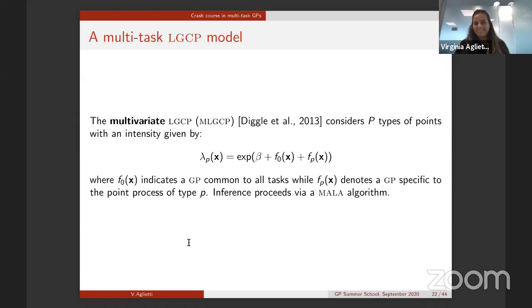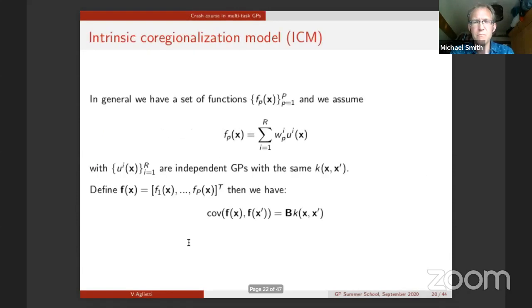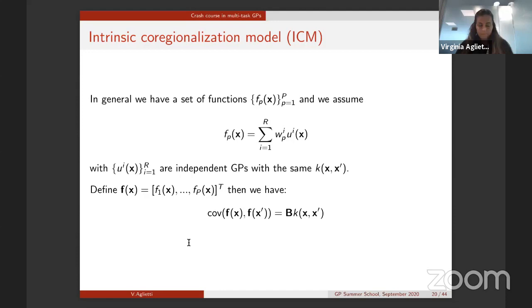Can I ask a quick question? One question that came up earlier is, in your model, or it depends which model we're talking about maybe, is time one of the inputs into the GP that's being used to model the intensity? You can do that. You can have a GP defined on latitude and longitude, so spatial coordinates, or you can also include time.